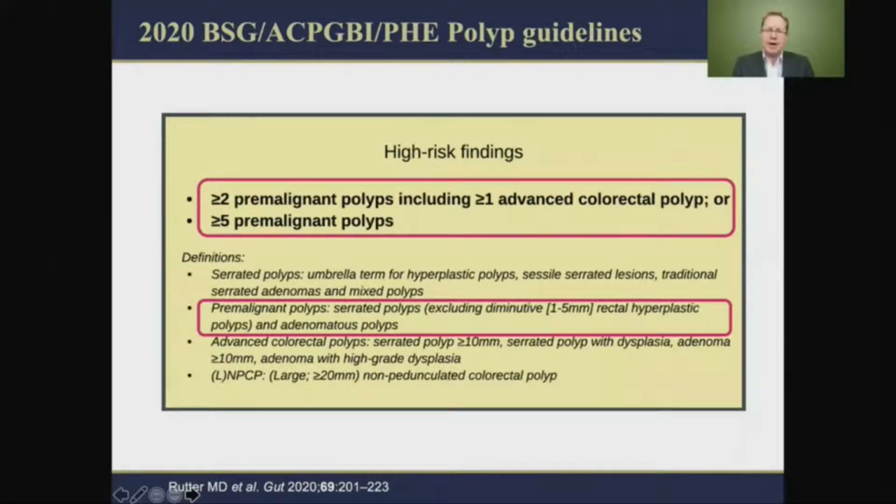And when they define pre-malignant polyps, you'll see right at the front there, it includes serrated polyps, excluding diminutive rectal hyperplastic lesions, and adenomatous polyps. So polyps is very much now the name of the game, rather than being too didactic about the pathology as to whether things are neoplastic and require surveillance or not.